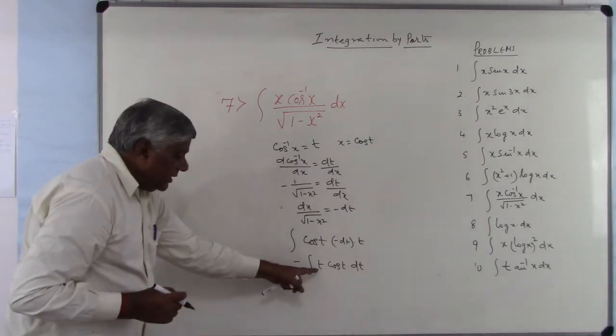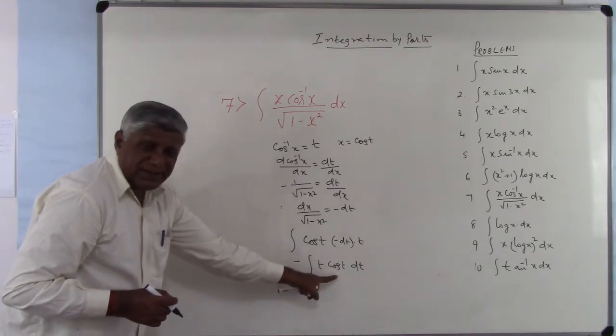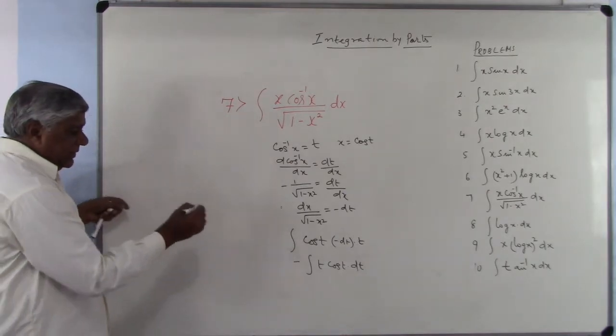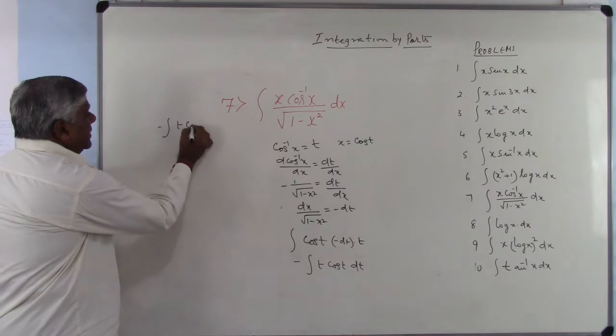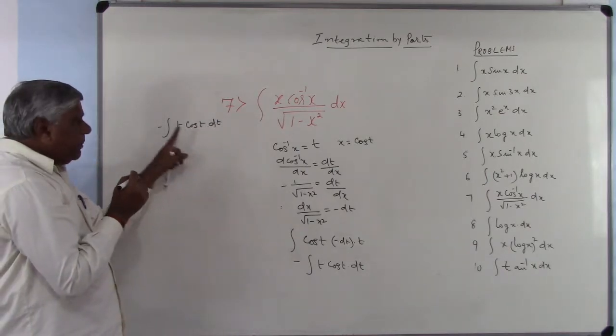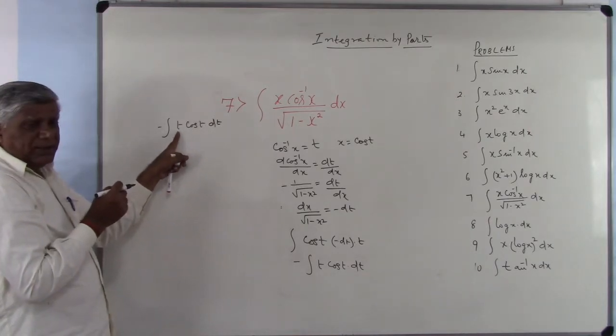Now, are there not two functions here? What we are going to do is transfer this integral, minus t cos t dt, here and apply LIATE. If we apply, what happens?